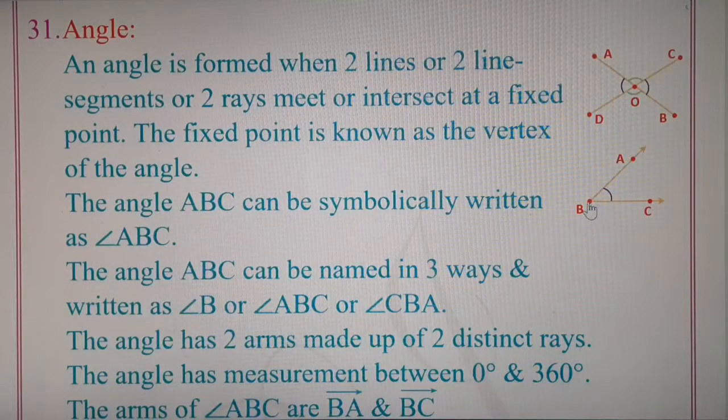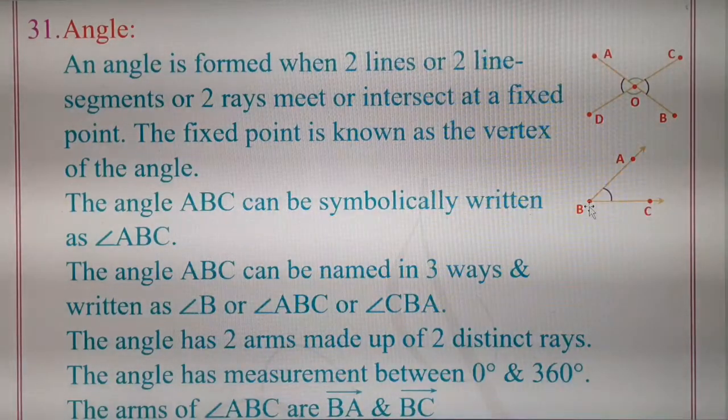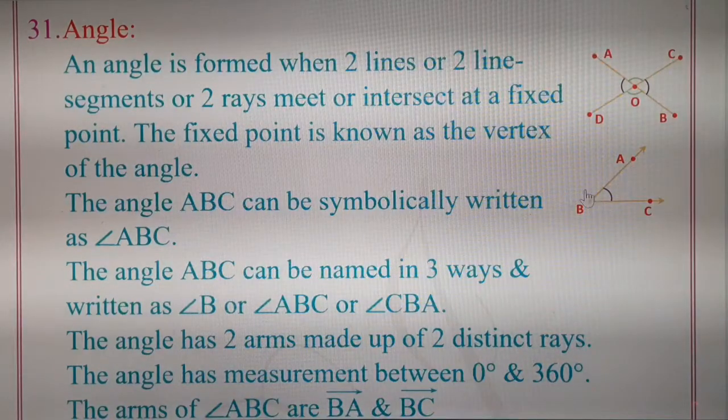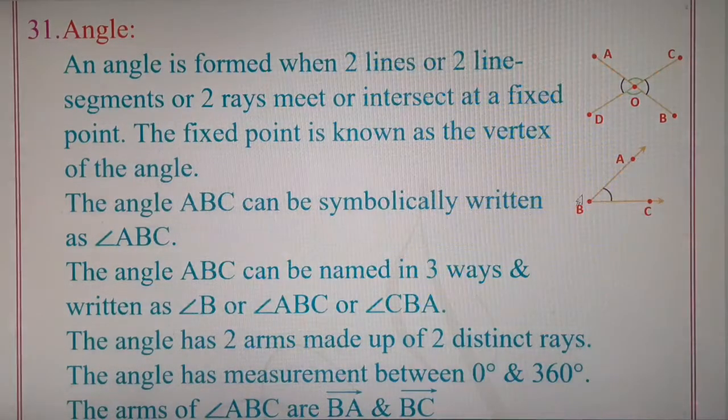Hence an angle is formed. Ray BA and ray BC extend in different directions, but their starting point or initial point is the same, that is point B. Hence these two rays, ray BA and ray BC, form an angle.